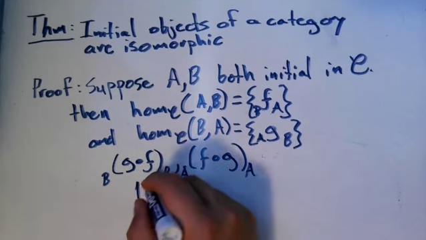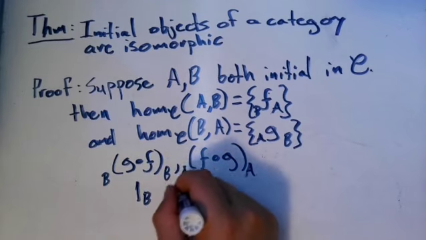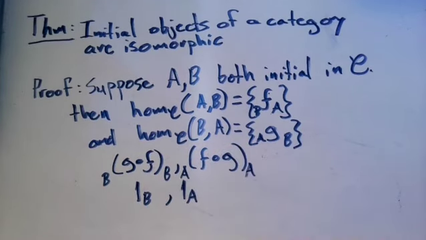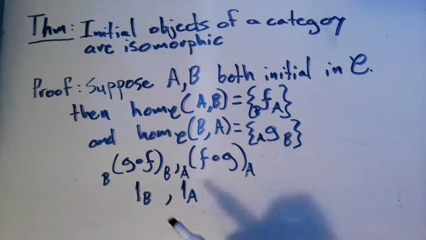That is, the identity morphisms on A and B. But again, A and B are both initial objects, which means we can only have one morphism going from A to A and from B to B.